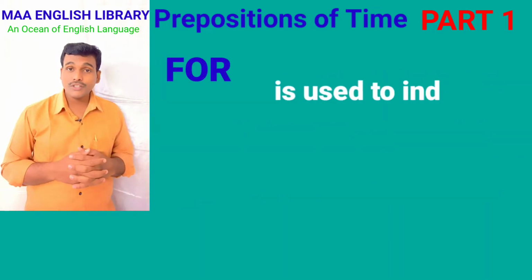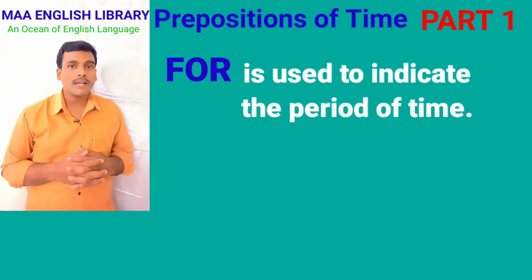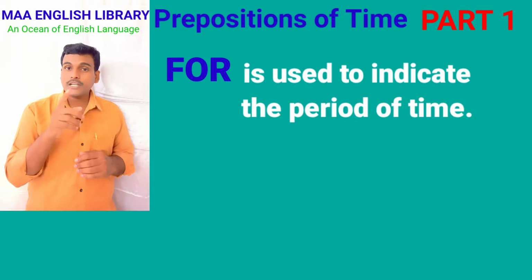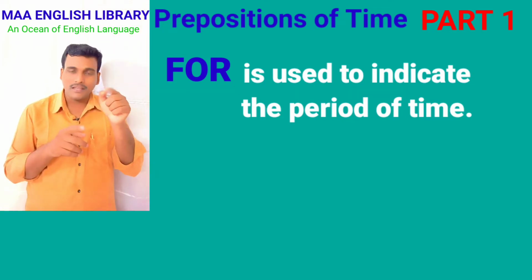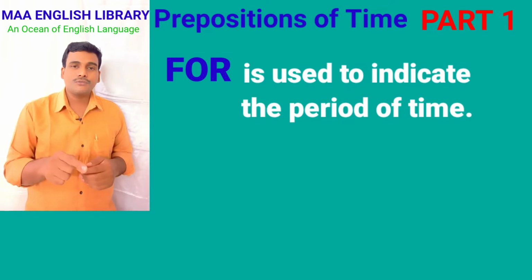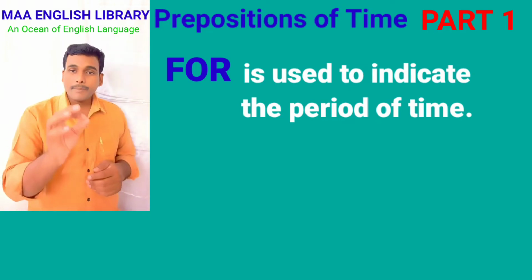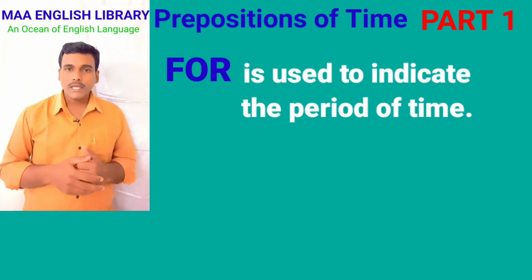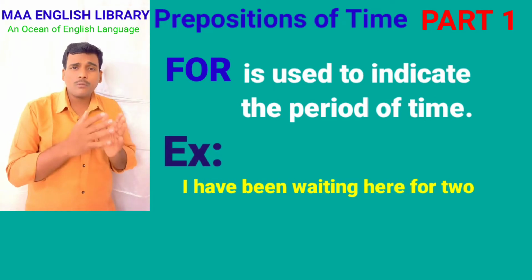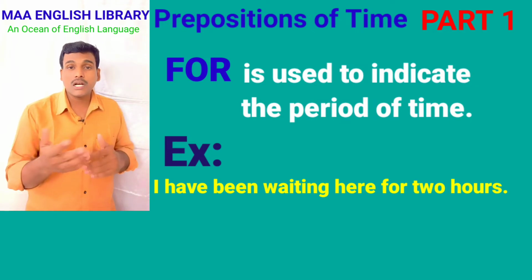For is used to indicate a period of time. Okay, and you must remember one thing, for a period of time we already used in. Like in, for is used for indicating a period of time. There we can have an example, I have been waiting here for 2 hours.